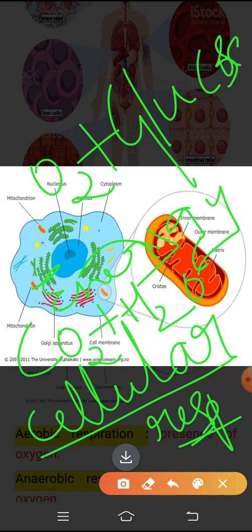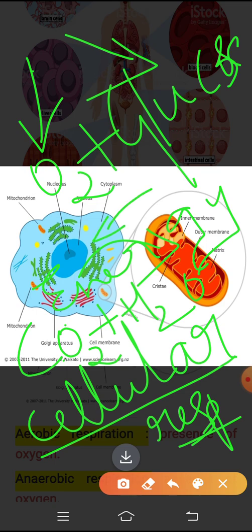For cellular respiration, oxygen and glucose are the raw materials, right? This oxygen and glucose enter the cell. Inside a cell there is cytoplasm, and through the cytoplasm it reaches the mitochondria, where cellular respiration takes place. As a result, carbon dioxide, water and energy are released as byproducts.